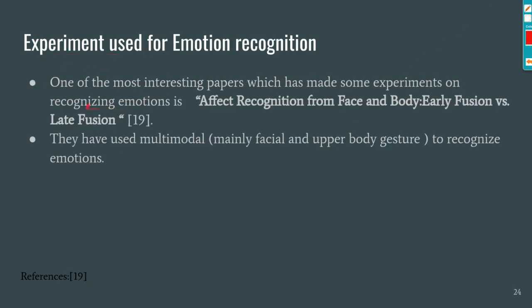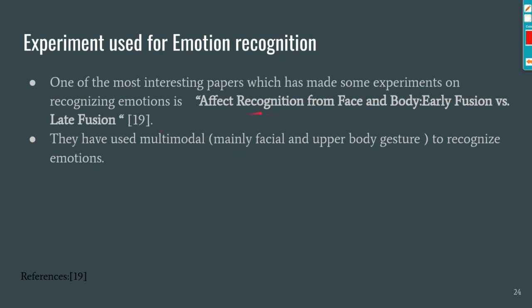So one of the most interesting papers, which has made some experiments on recognizing emotions, is Affect Recognition from Face and Body: Early Fusion versus Late Fusion. In this paper, they have used multimodal input, mainly facial and upper body gesture, to recognize emotions.